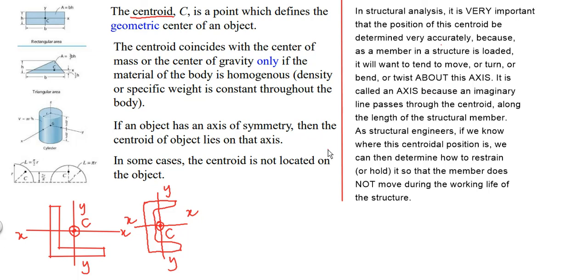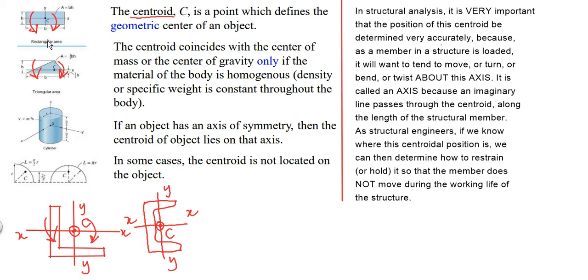When I say about, that means it will want to turn this way or that way. If it was triangular, it would want to turn or bend about there. It is called an axis because an imaginary line passes through the centroid along the length of the structural member.